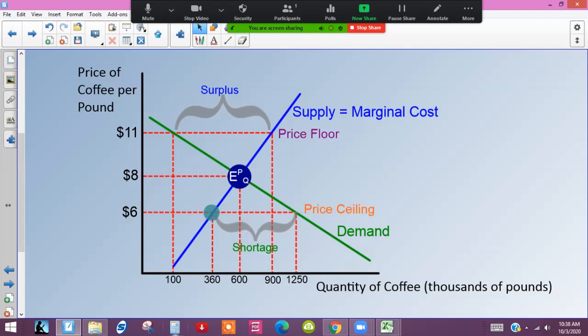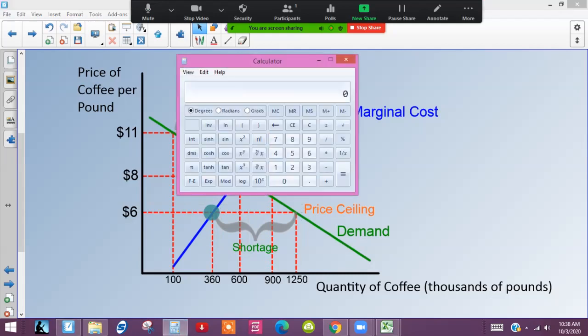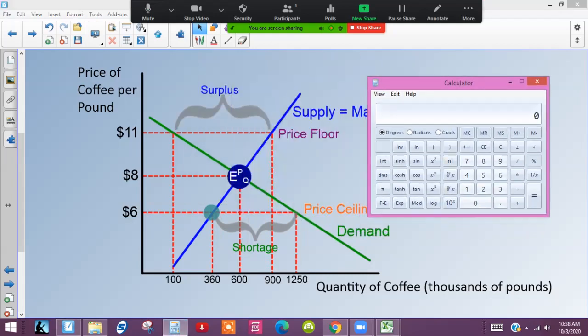Let's just check that to make sure, so I don't confuse anybody. 1250 minus 360 minus 60 equals 890. Okay, so that would be the shortage, 890,000 pounds of coffee. That would be the amount of the shortage in the market.